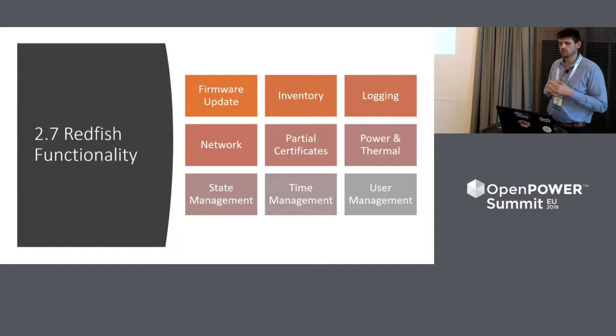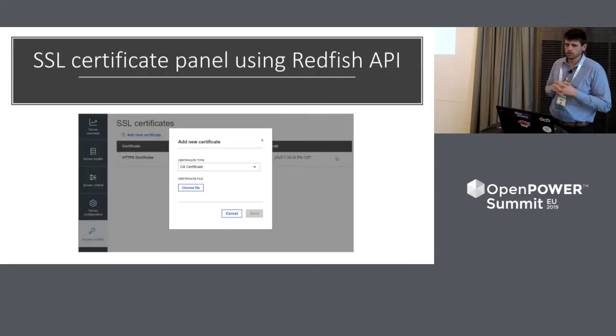Also things in there for memory and chassis and processors. And this is the recently merged SSL certificate panel using the certificate Redfish API. Since I'm the web interface maintainer, had to get some screenshots of it in there.